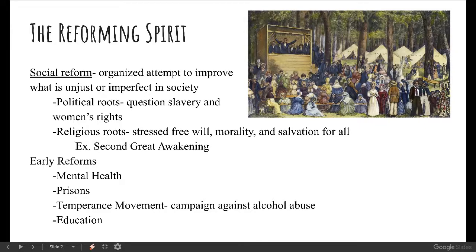And so we're going to see a big push to reduce alcohol use, educate people about what happens when you use alcohol, and eventually it will culminate into prohibition, making the use of alcohol illegal all throughout the United States, and that won't be until we get the 18th Amendment later on in the 20th century. But the temperance movement begins here in the antebellum period.